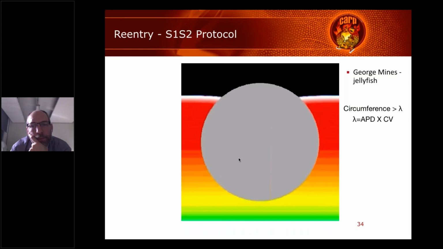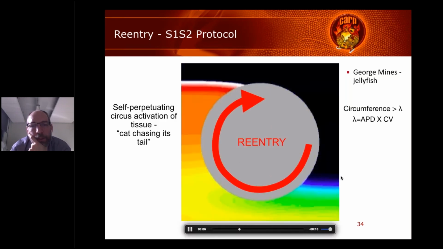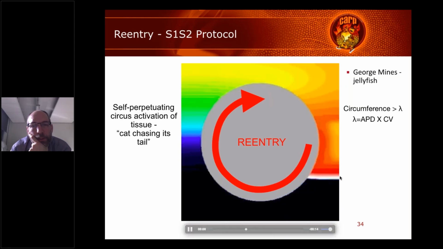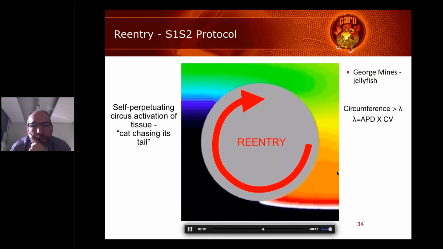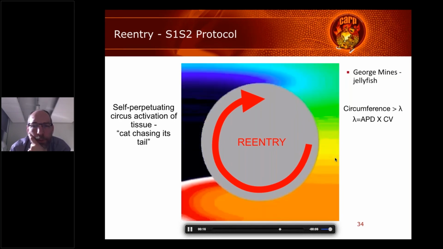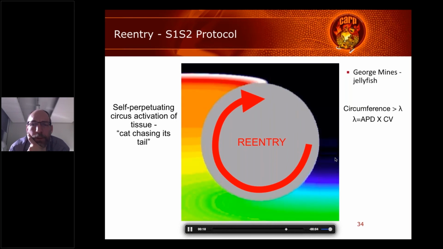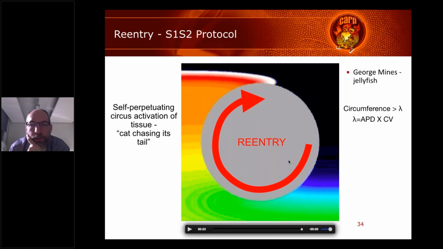And then when we stimulate it, activity will be forced to go to the bottom. So we go up, we wait for things to recover, we apply it, half recovered, half not recovered tissue, and we get reentry going around.